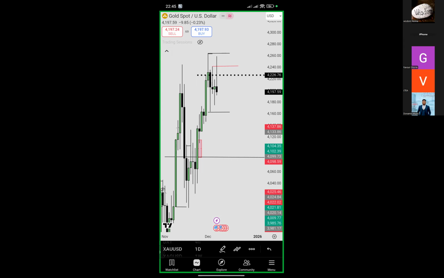If you are buying this market, I will advise you to target the 50%. There is a probability that price will hit the 50% and it can turn around and start selling again. And that is when you will be in profit. Then for some reason price is coming back, even taking you out.